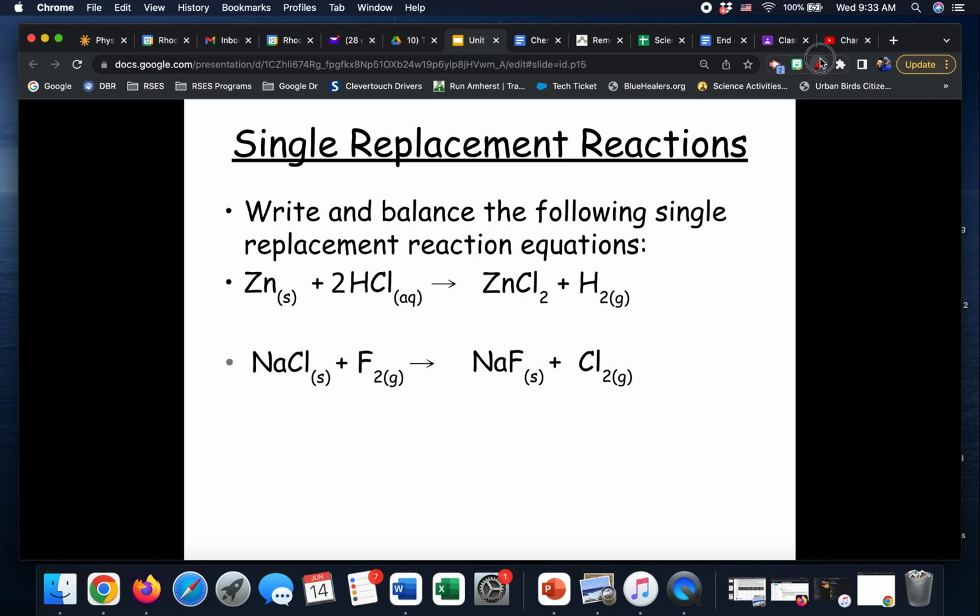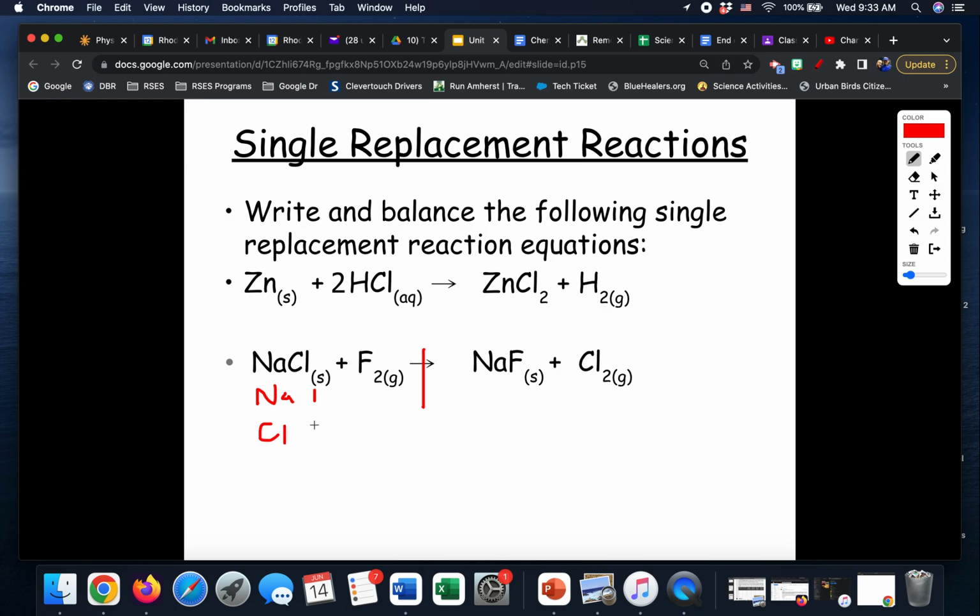NaF, Cl2. Is this balanced? Well, Na, there's one of them. Cl1, F2. Over here, Na1, Cl2, F1.